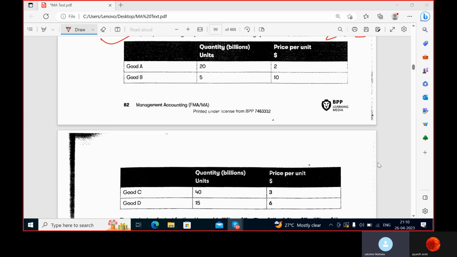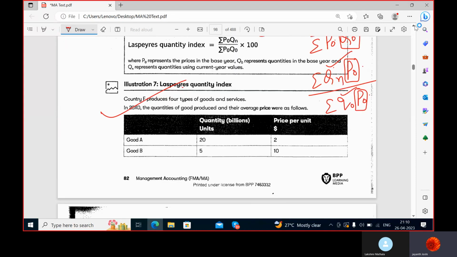So how is Q1 calculated? Why do you need to calculate Qn? Let's check. In 2010, the quantities of goods purchased and their average prices are given.